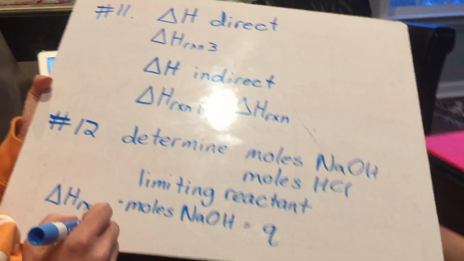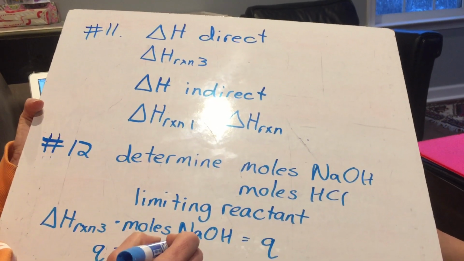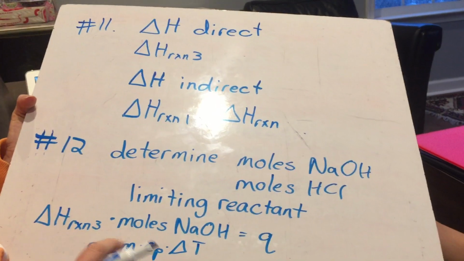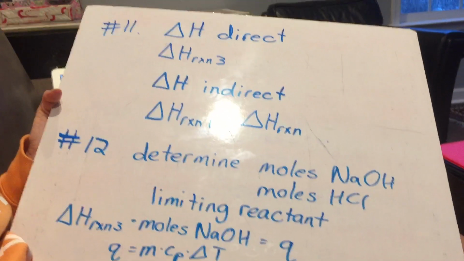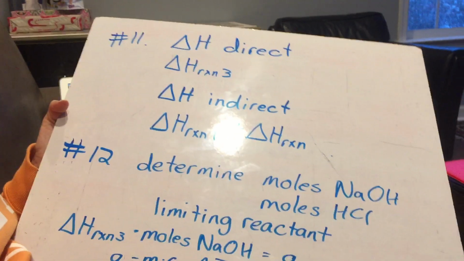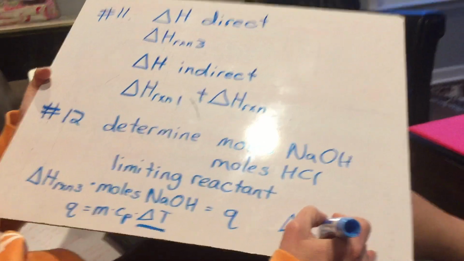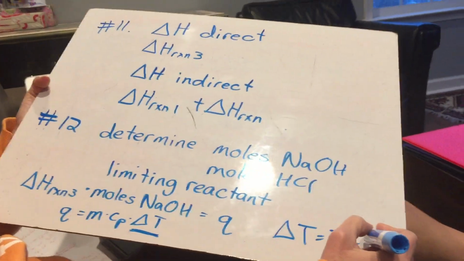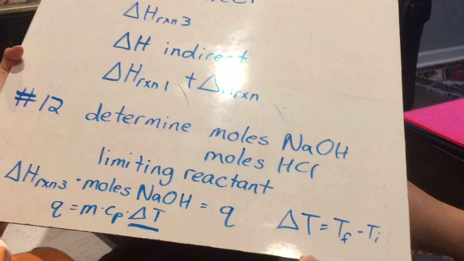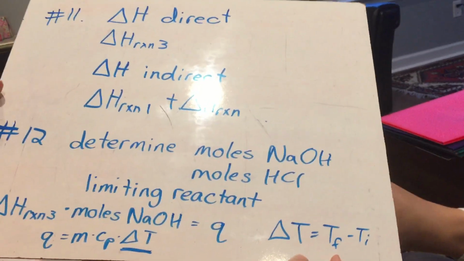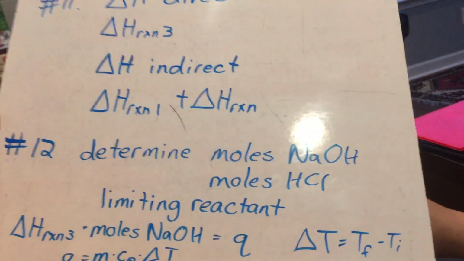Okay, and now I want you to use Q equals mass times specific heat times change in temperature. Again, the mass of the water or of the solution, specific heat of water. And now you're going to be able to solve for change in temperature. And once you do, you know that the change in temperature is equal to the final temperature minus the initial temperature. And you need to figure out what that final temperature is going to be. And once you figure out the final temperature, you'll know whether or not the janitor would have burned himself. And you can answer that question.